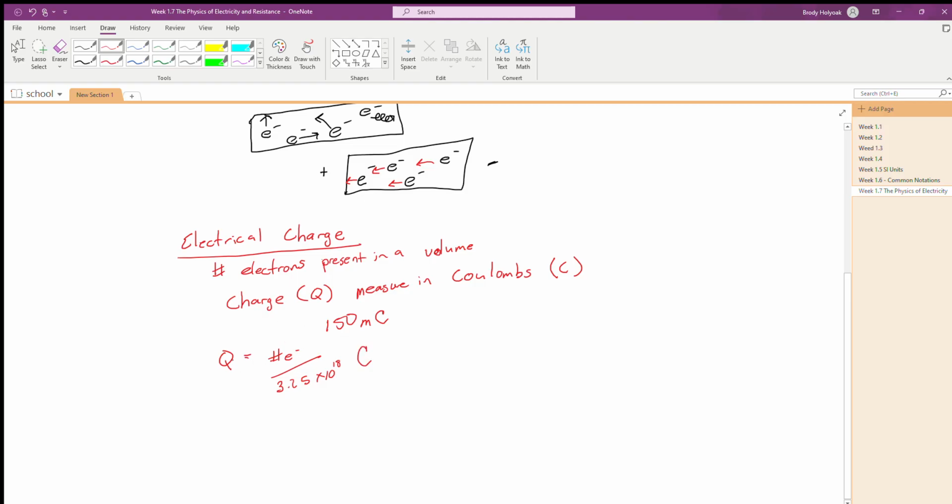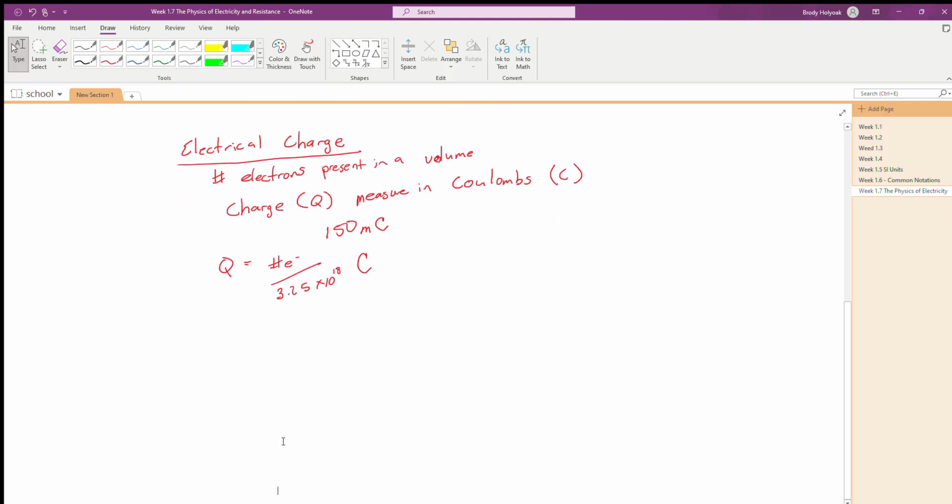So it is quite literally the physical amount of electrons present in a volume divided by that number, 3.25 times 10 to the 18th, that gives us the charge or the potential of this device. So the physical charge of however many electrons are present. We can change that, we can increase that, we can decrease it by adding to or taking away the electrons.